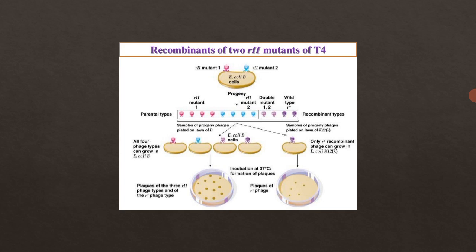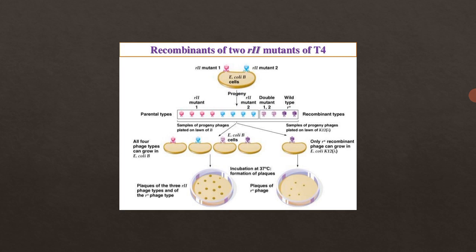After recombining these two types, the fourth result we got is the wild type, which means the mutation in some cases can be reverted if we recombine these mutant cells and grow them on the wild bacteria, that is the E. coli B strain. Then it can take the genes from that cell and it can retain its original activities, and it can be again the wild type phage.